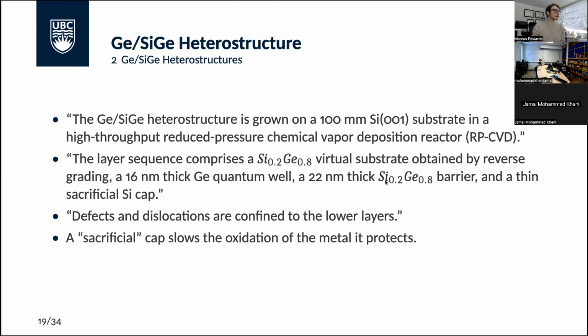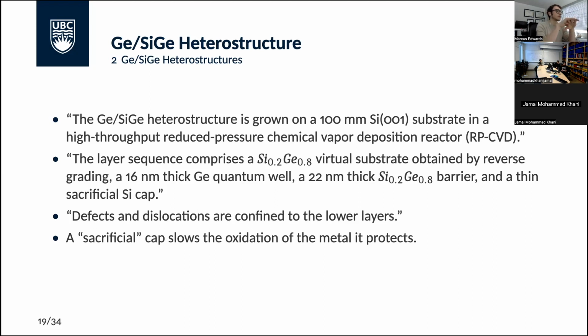Importantly, defects and dislocations are confined to the lower layers. Dislocations occur when you have two materials, for example silicon and SiGe, where one is deposited on top of the other, and the lattices aren't perfectly aligned. The lattices will try to align at the interface, and that might cause some stretching of the crystal lattice and deformation.